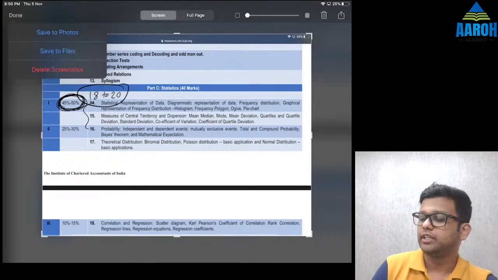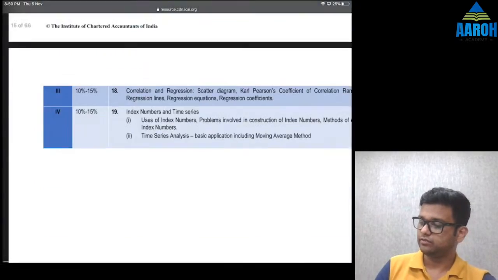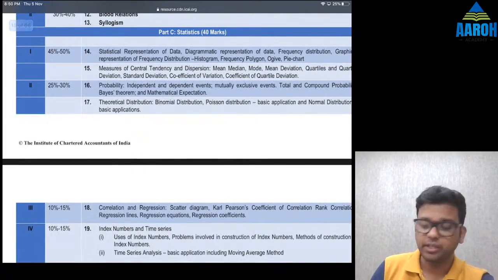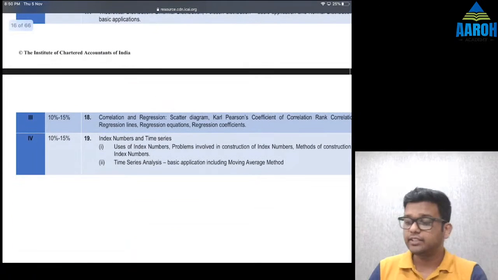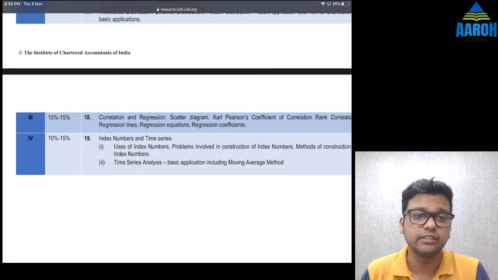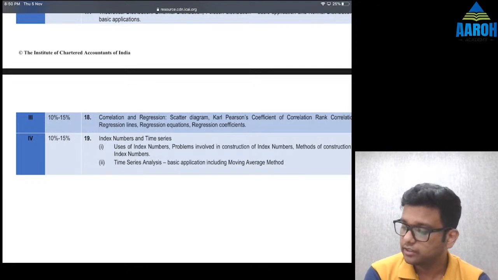So that is very much. Then probability and theoretical distributions is 25 to 30%. Only correlation regression is 10 to 15%, that means 4 to 6 marks. So again, that makes it important.